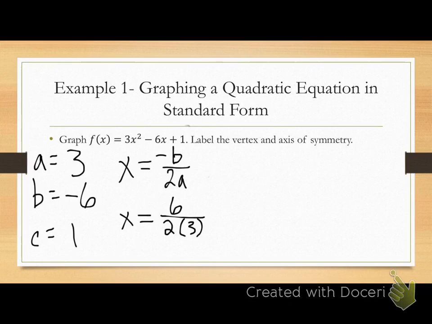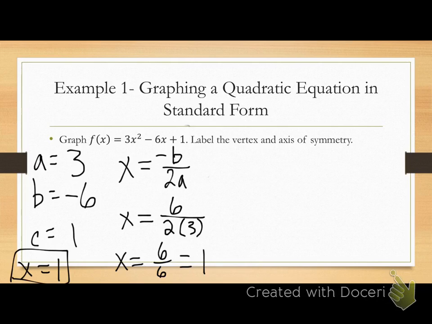I just plugged A and B into that formula. Does everyone see that? Okay, what's 2 times 3? So I get 6 over 6, which equals 1. So my axis of symmetry is x equals 1. Questions on how I got my axis of symmetry?